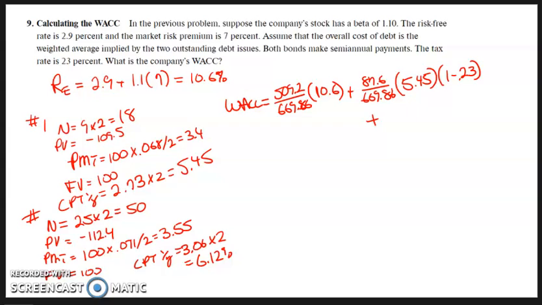Then the second issue was 73.06, divided by 669.86. We multiply that by the yield to maturity, 6.12%, times 1 minus the tax rate, and we get the weighted average cost of capital of 9.12%.